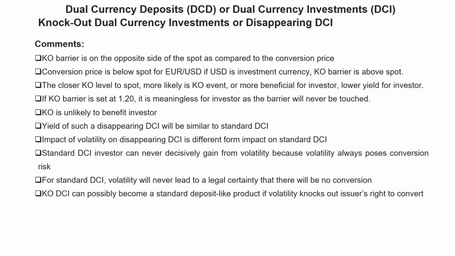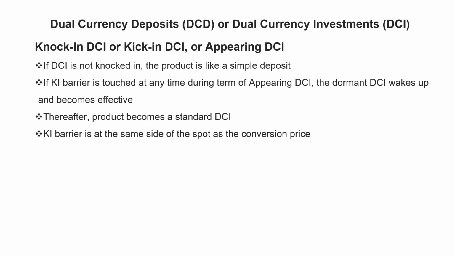Let's look at another variation, the knock-in DCI or the kick-in DCI, also referred to as the appearing dual currency investment. As the name suggests, if the DCI is not knocked in or brought to life, the product is like a simple deposit where the issuer guarantees to pay the interest on the deposit and repay the principal both in the investment currency at maturity.